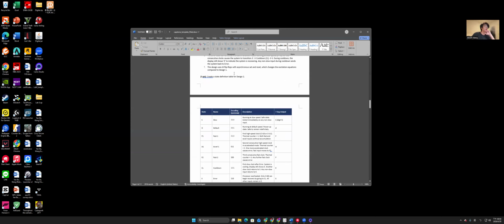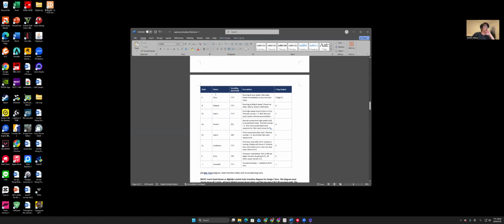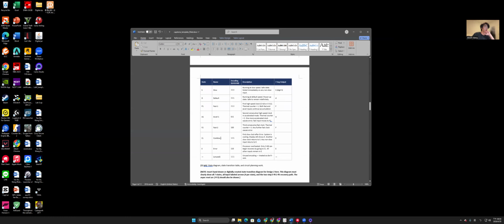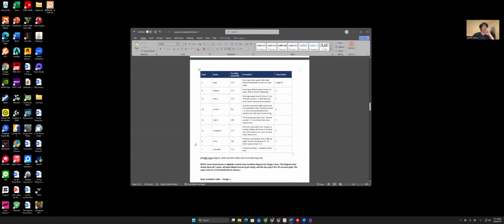I'll go to design two. Design two is slightly different. The difference is the cooldown, because I don't want the system to overheat, so I added cooldown states. It takes 7 states, and the cooldown state encoding is 101.